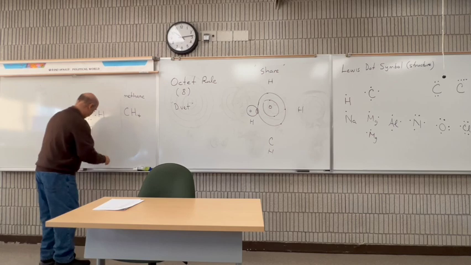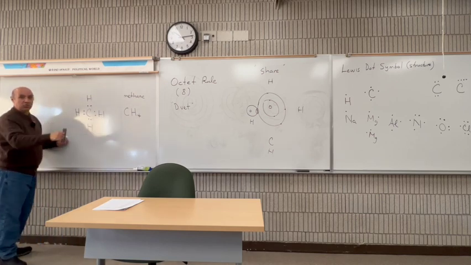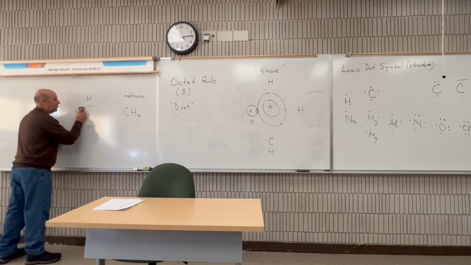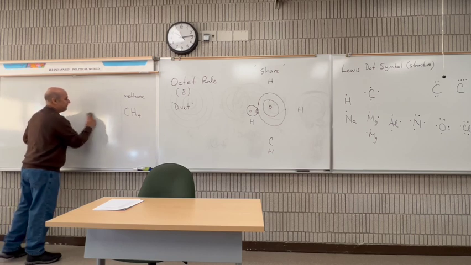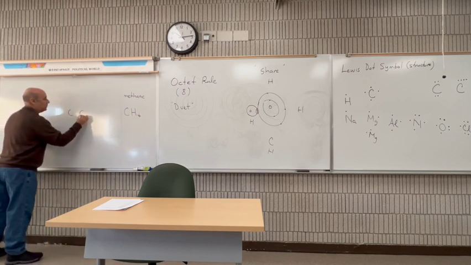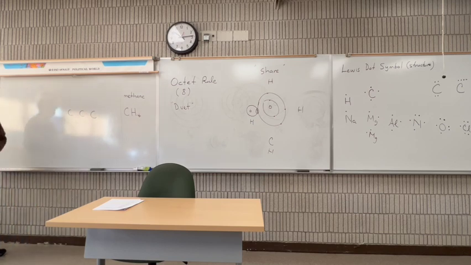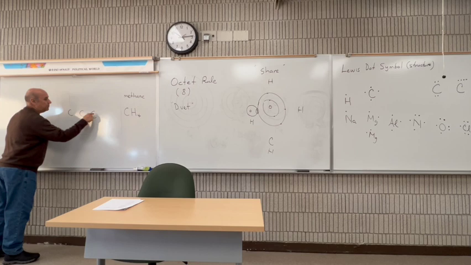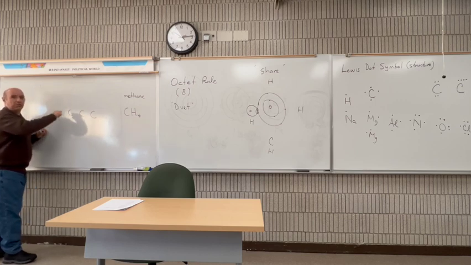So very quickly, let me just show you where we're heading. If I want to draw the structure of propane, I have 1 carbon, 2 carbons, 3 carbons. That's what propane has. Each of these carbons is going to share 1 electron with each other.